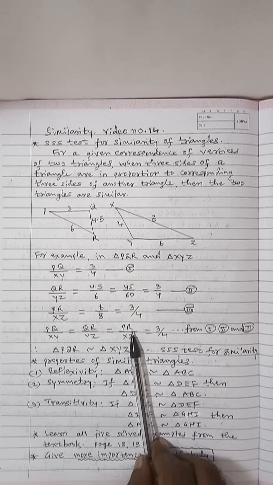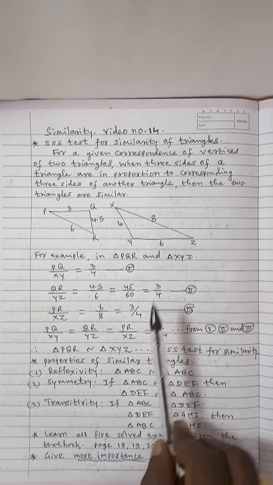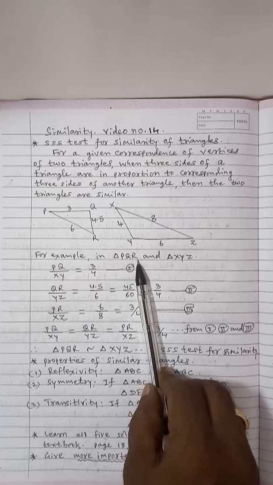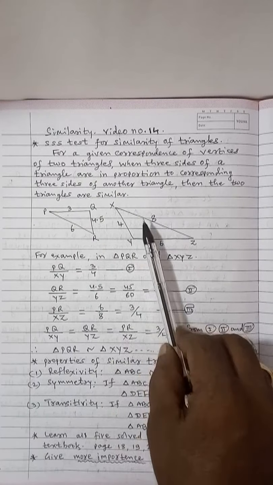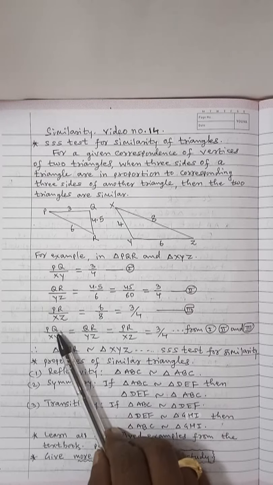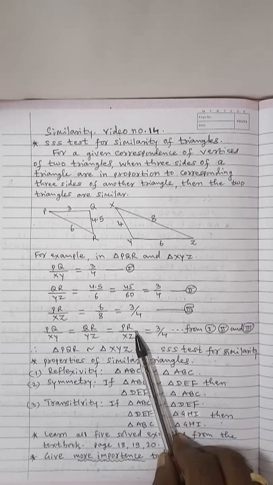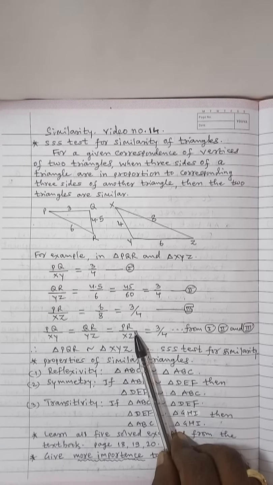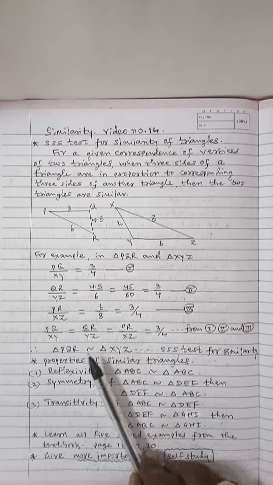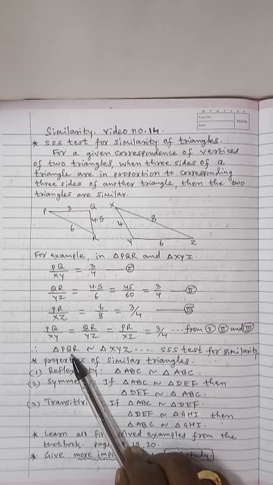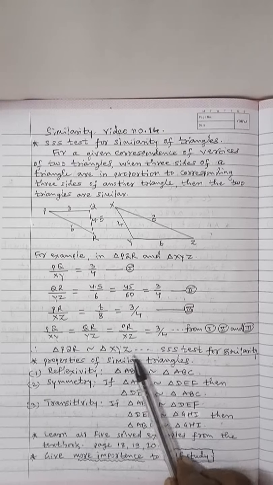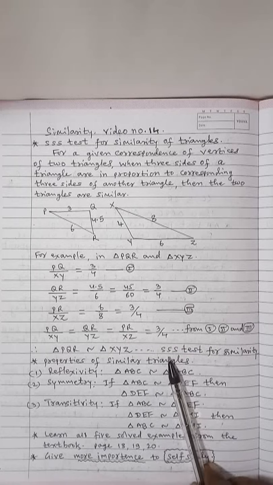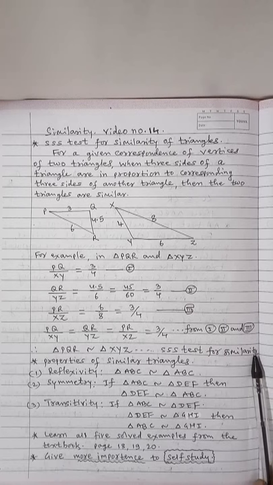So this means for the given correspondence PQR corresponds to XYZ, corresponding sides of two triangles are in the same proportion. If it is so, then triangle PQR is similar to triangle XYZ. And this is the side test for similarity.